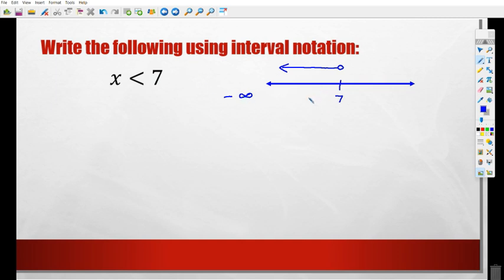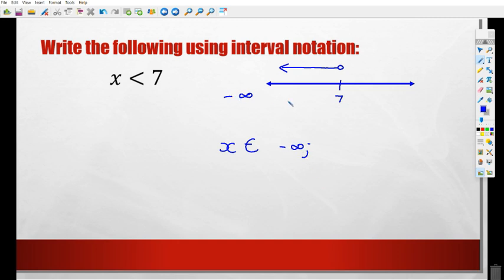Now let's put this in interval notation. We say x is an element of. You put the colon. And then what number goes on the left? The smallest one. Which one's smaller between negative infinity and 7? Negative infinity is the smallest. Very good. It's infinitely small, so it has to be the smallest.